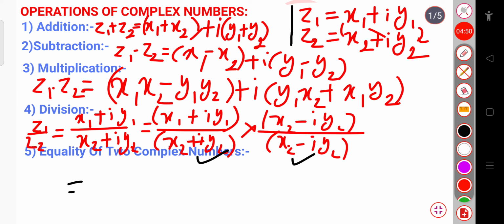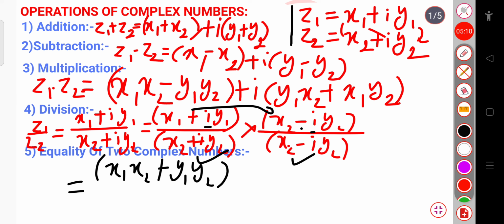So, I am writing directly, I am multiplying this as x1 into x2, again this i squared becomes minus 1, so this becomes plus y1 into y2.